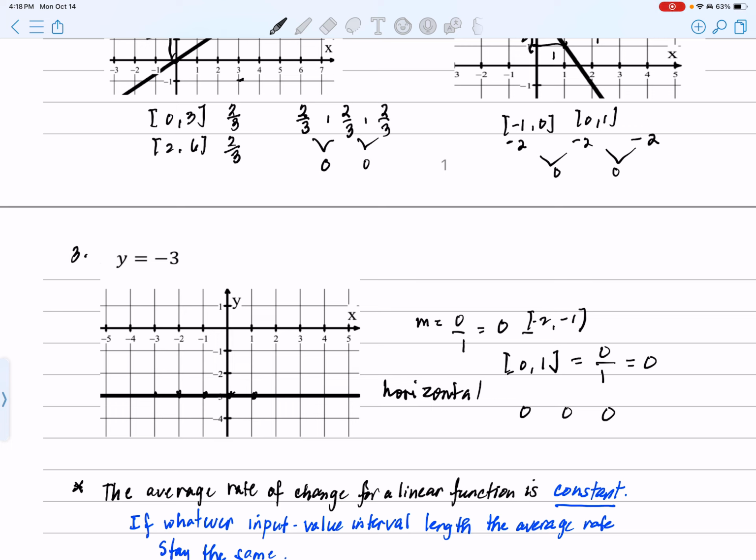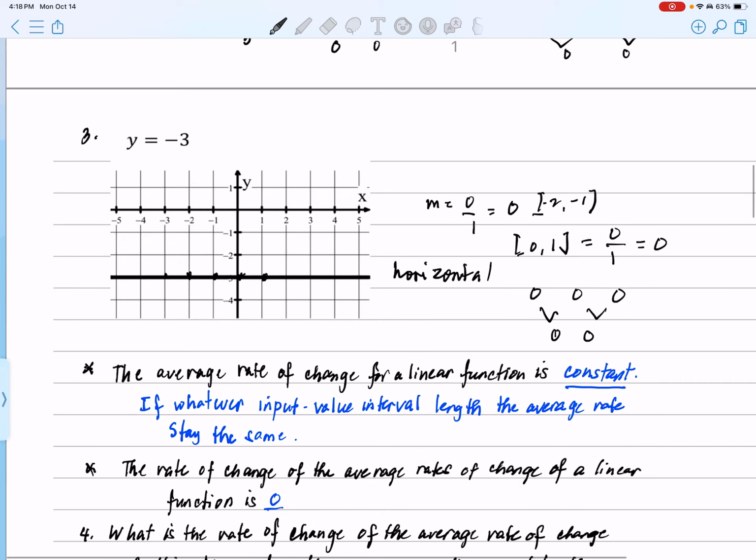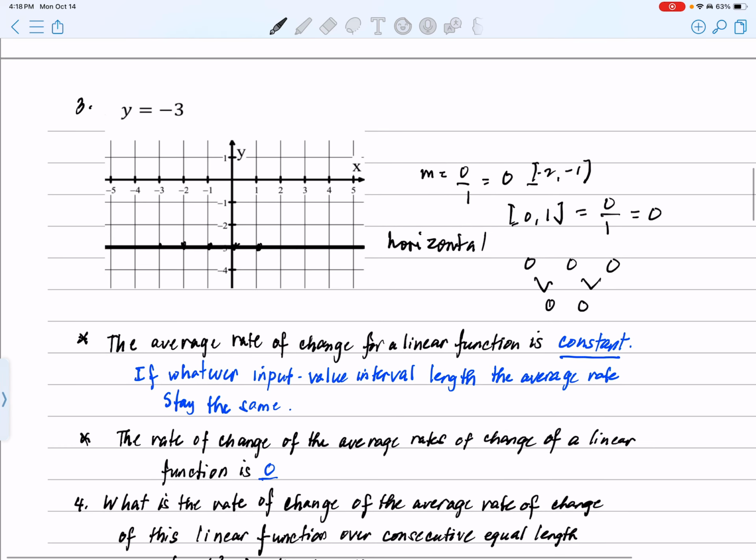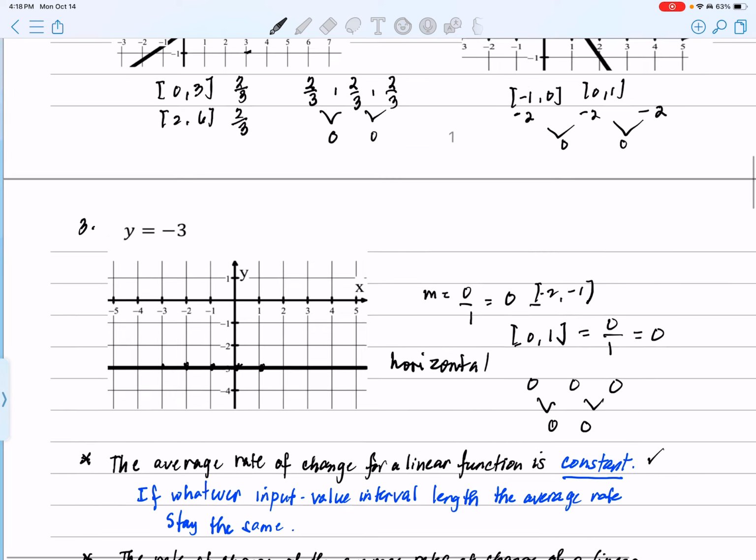And what does it say? That the rate of change of the average rate of change of a linear function is always 0. Okay, let's put that into writing. There are 2 things that we have to remember. About the average rate of change for a linear function, it's constant. Right here, it's all 0. It's all negative 2.